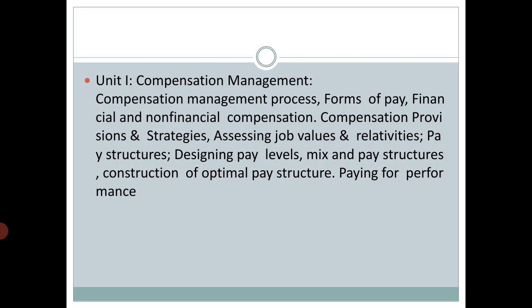We assign the task to the employee, and after the task is completed, we pay him the reward for what he has offered to us, that is, the efforts which he has taken. Getting it? So this compensation is quite important.